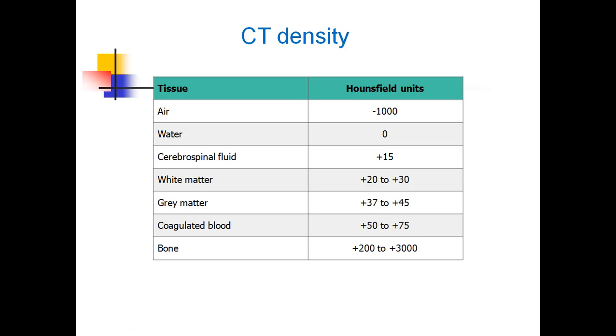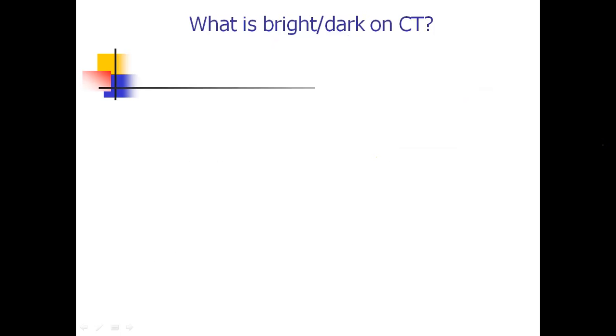These different shades of gray will be hardly distinct by the eye of the operator, of the radiologist. It's an essential limitation for the use of CT for CNS study.